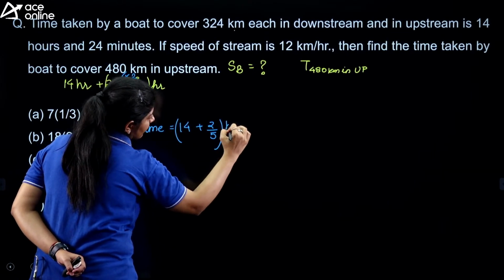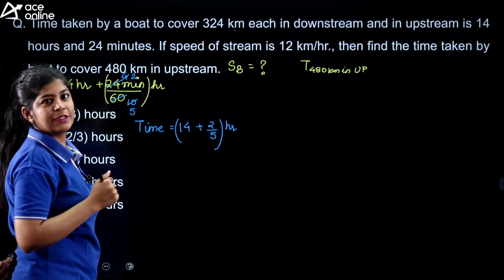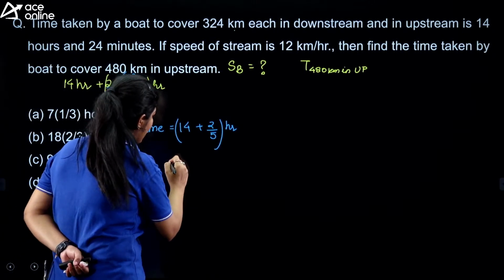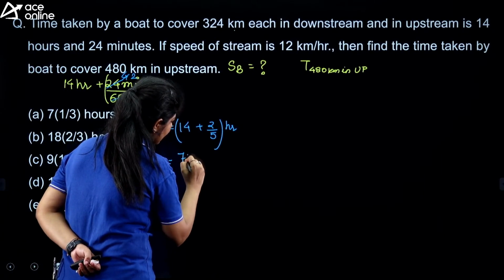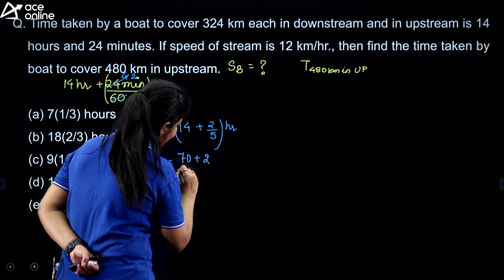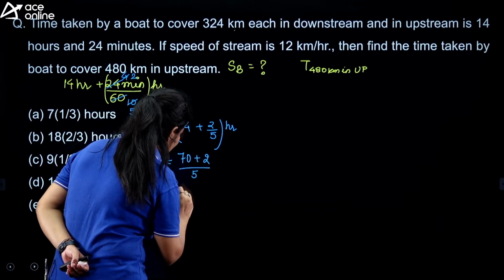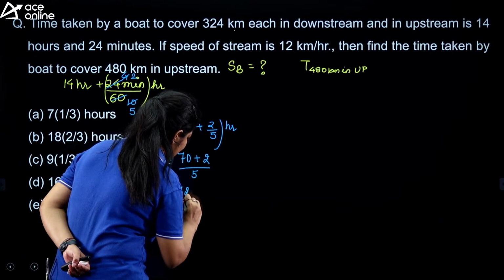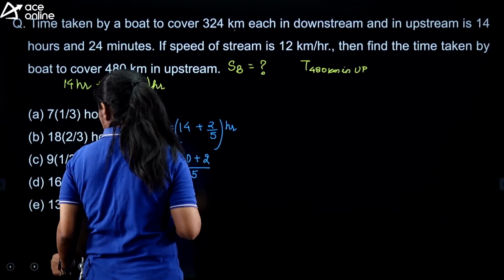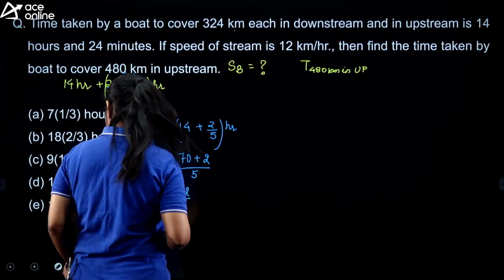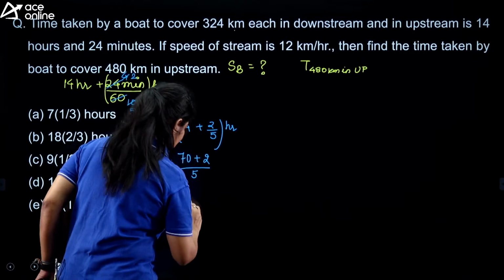We take 5 as the LCM, and here we get 70 plus 2 divided by 5, so the total time taken by this boat is 72 by 5 hours.